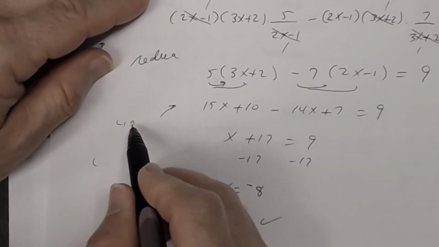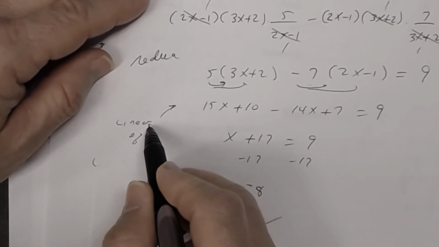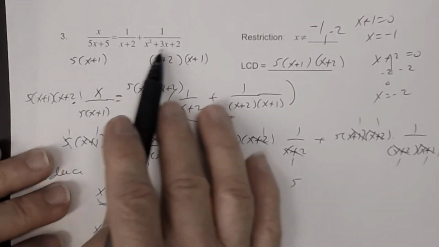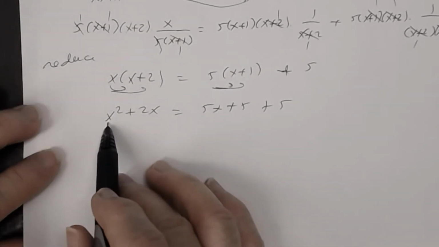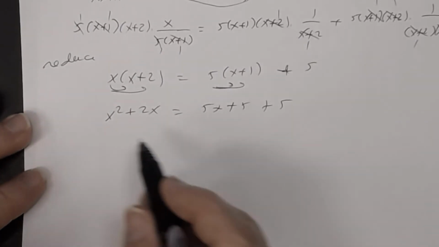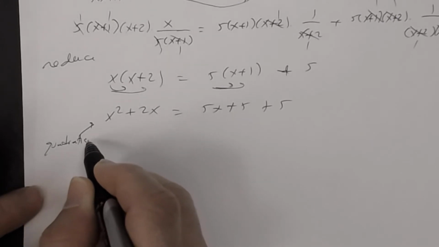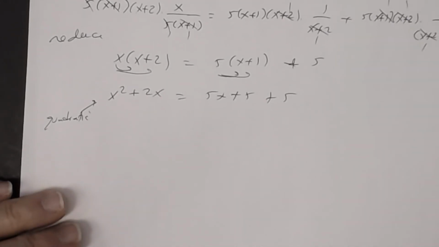Same thing. But here in number 3, I went from a rational equation to a quadratic equation. This is quadratic. And so remember, when solving a quadratic equation, you got to put it in standard form, meaning you got to bring everything to one side.